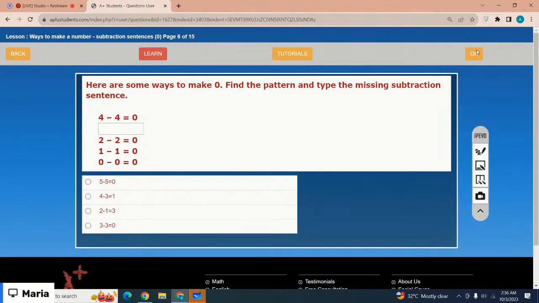No, they are decreasing. The numbers are decreasing by 1. So when you subtract 1 from 3, 4, the next number is, it would be 3 minus 3 equals 0, right? The last option is the correct one. D is the correct one. 3 take away 3 is 0.